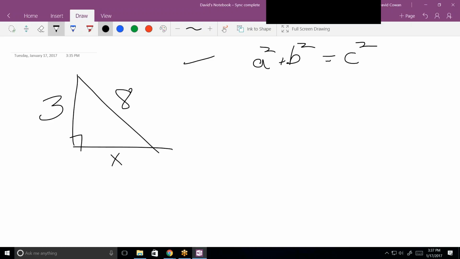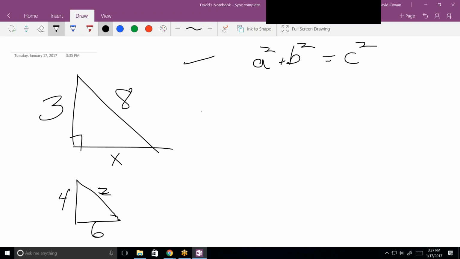Because you have to solve so many right triangles over the next 3 years, it's really worth remembering when there's one of two situations: either you have both sides and are missing the hypotenuse, or you have the hypotenuse and one side and are missing the other short side.